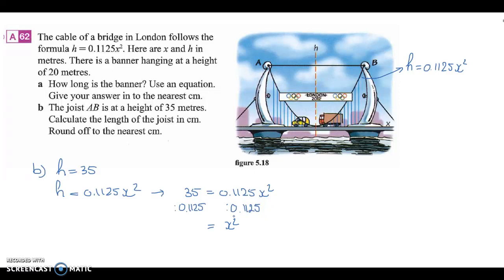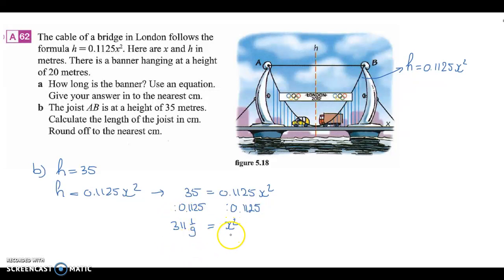And 35 divided by 0.1125 is 311.11. Again, you'll find on your calculator 311.111111, and that will continue forever. Now we know that x squared has that value.